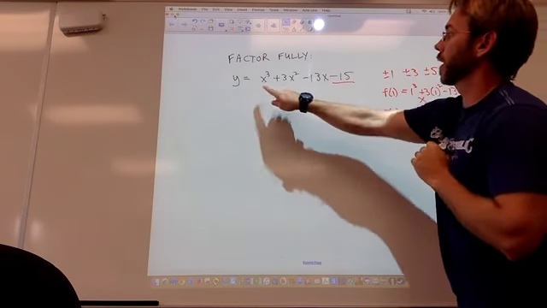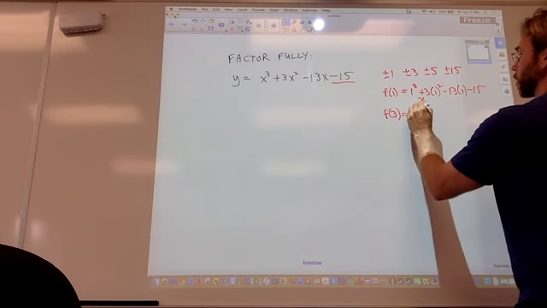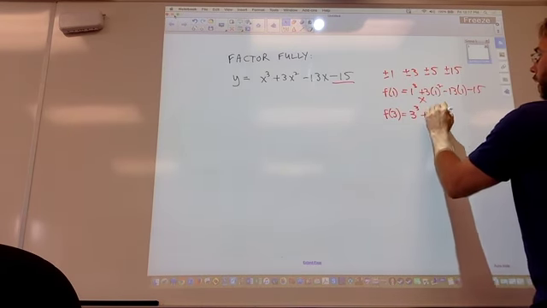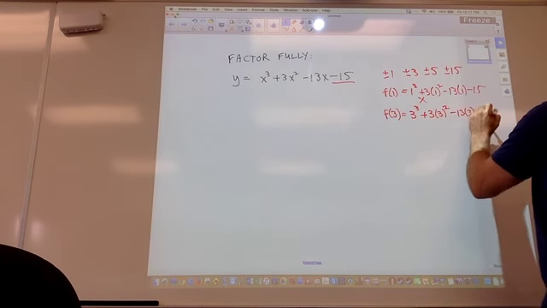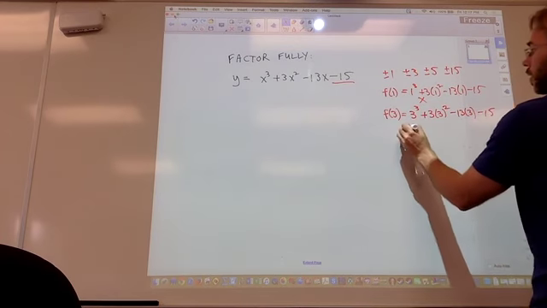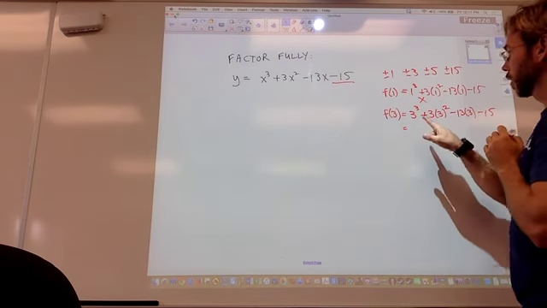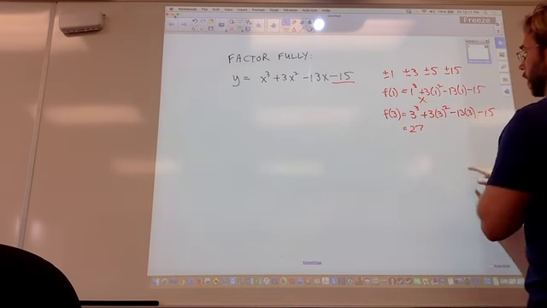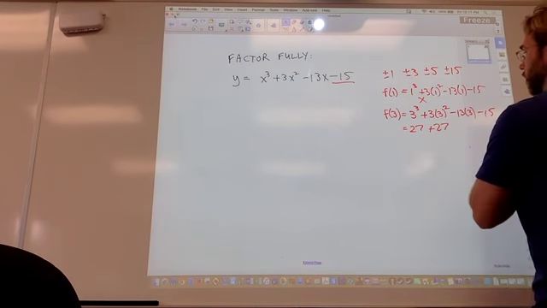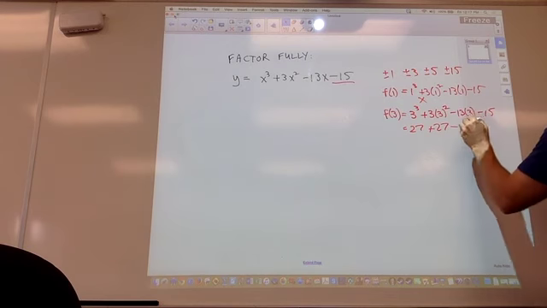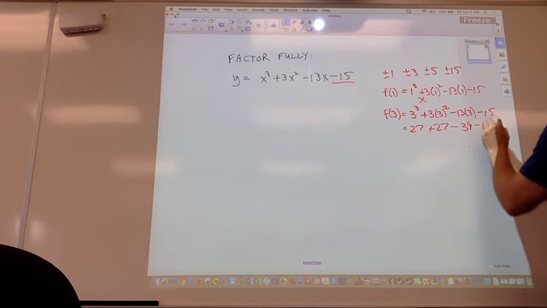f of 3, when we substitute that, gives us 3 cubed plus 3 times 3 squared minus 13 times 3 minus 15. 3 cubed is 27. 3 squared is 9 times 3 is also 27. 13 times 3 is 39 minus 15.